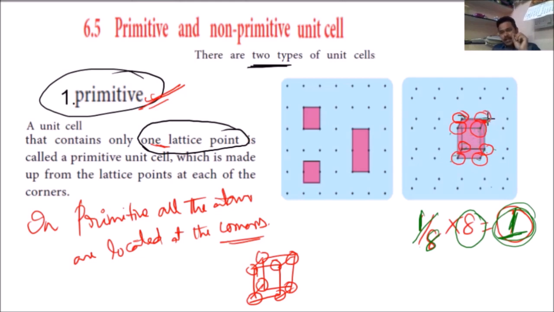From each corner, only 1 by 8 part of the atom is present in this unit cell. So the effective, real, exact number of atoms present in this unit cell is 1 only. So it is called a primitive cell.